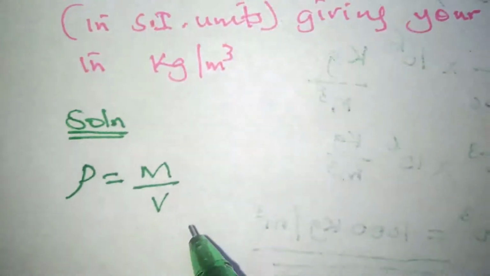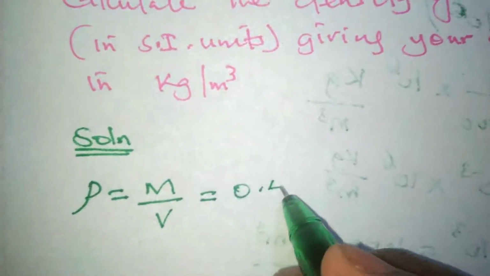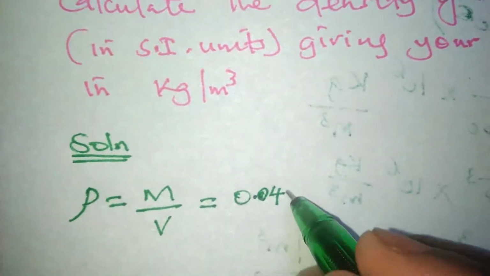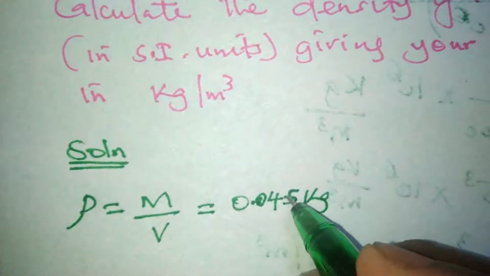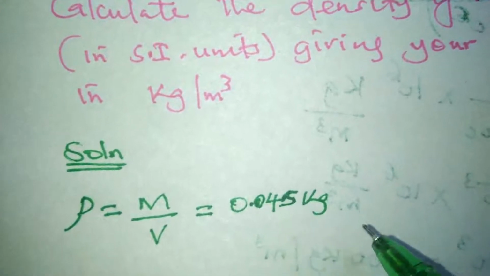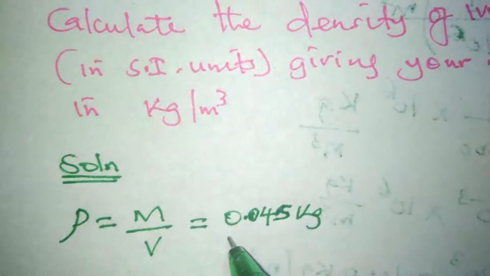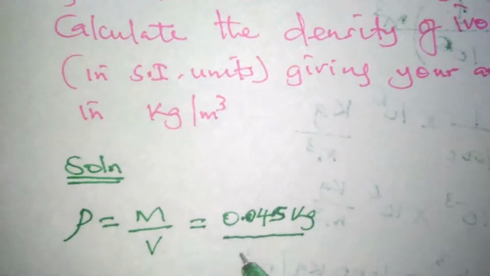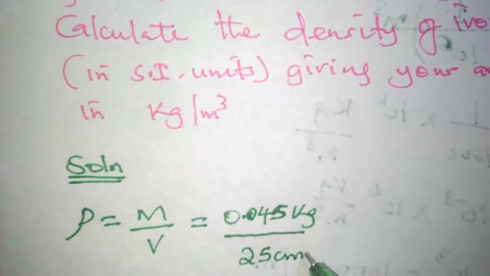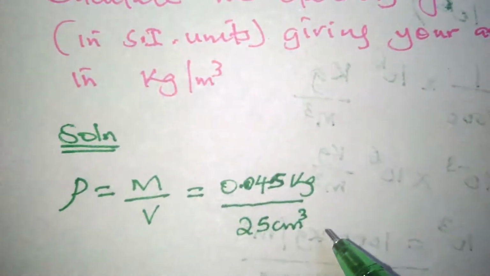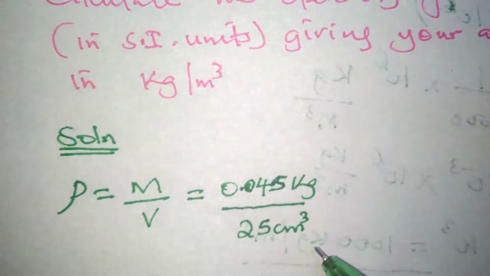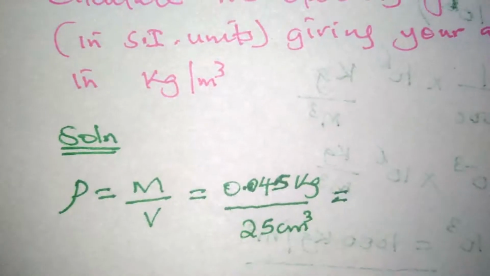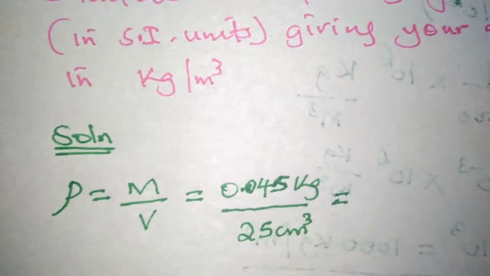Now, since our mass is 0.045 kilogram and our volume is 25 centimeters cube, we will have to convert one of them so that we have uniform units that we are supposed to use as we calculate density.